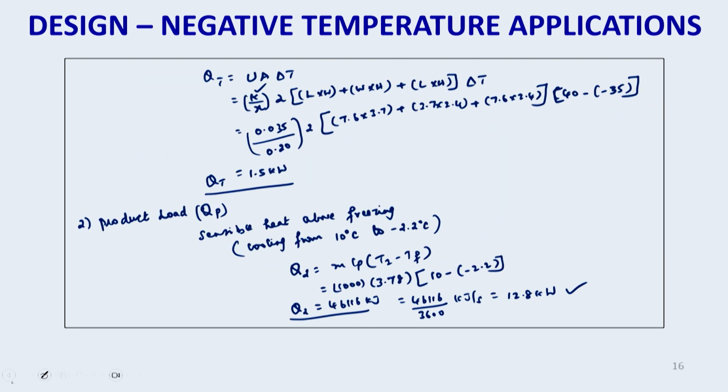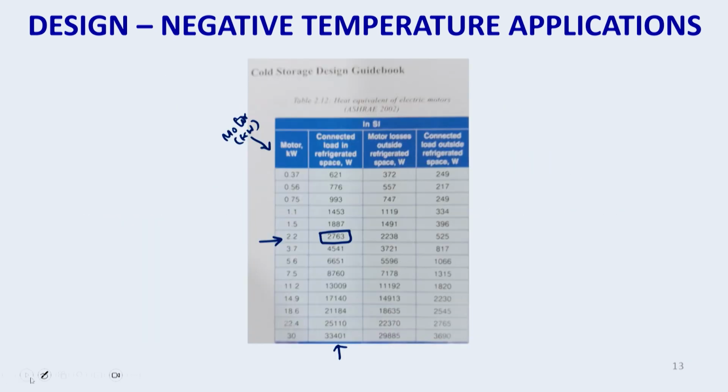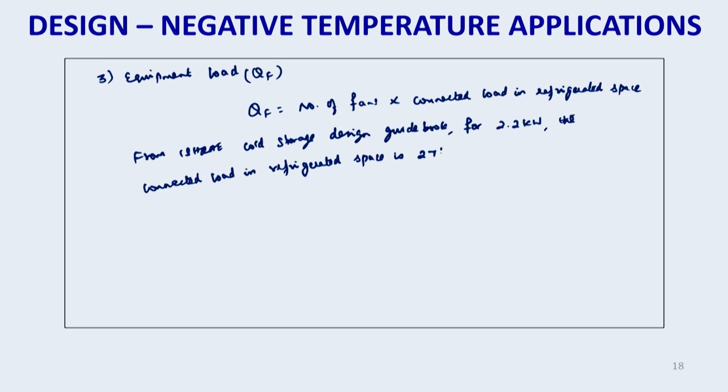Let us check the value once again. 2763 watts.